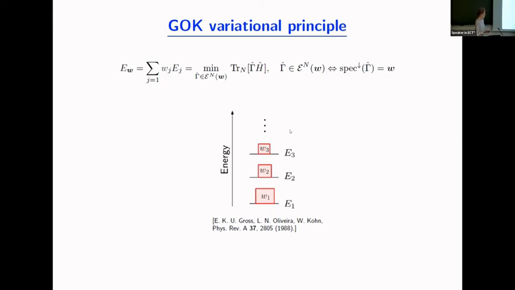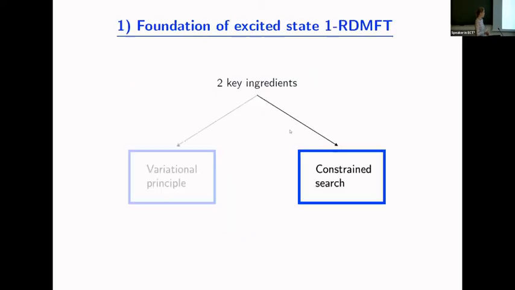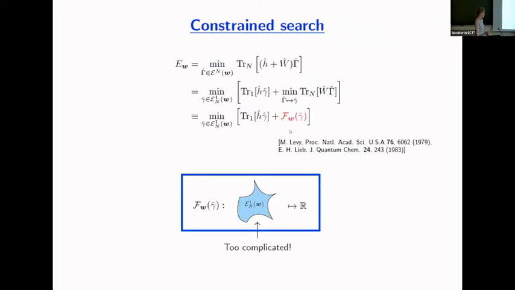And then we just take this energy E(w), we just copy this line here, and we go to the constraint search, where we insert this variational principle. So it's just the same as the Levy-Lieb constraint search, just with this adapted Rayleigh-Ritz variational principle for excited states. We minimize over all the density operators in the set E_N(w).